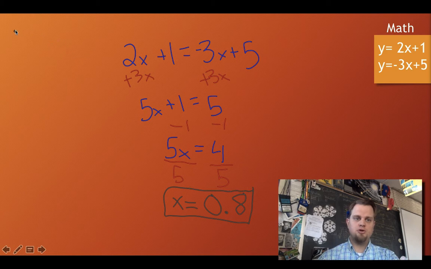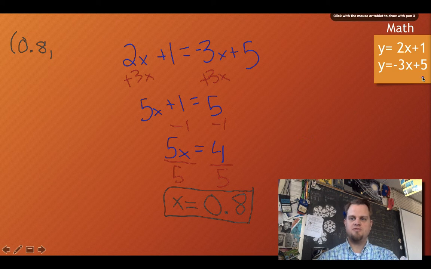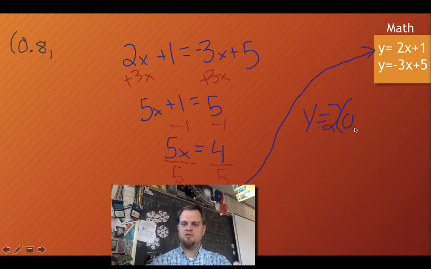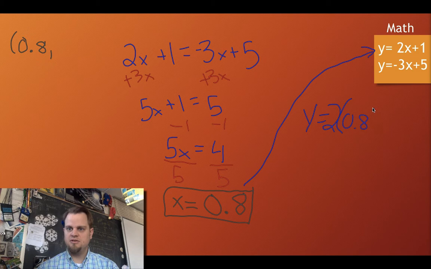We have to get an ordered pair. Right now, we have 0.8. Haven't done this in a while. My handwriting's terrible. So what we do then is we plug it into one of these original equations. We take this x and plug it in. So let's do y equals 2 times 0.8 plus 1.